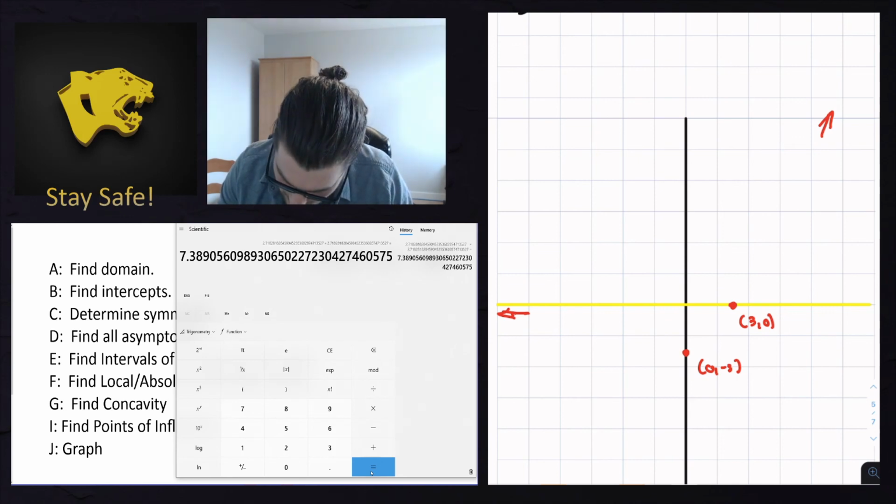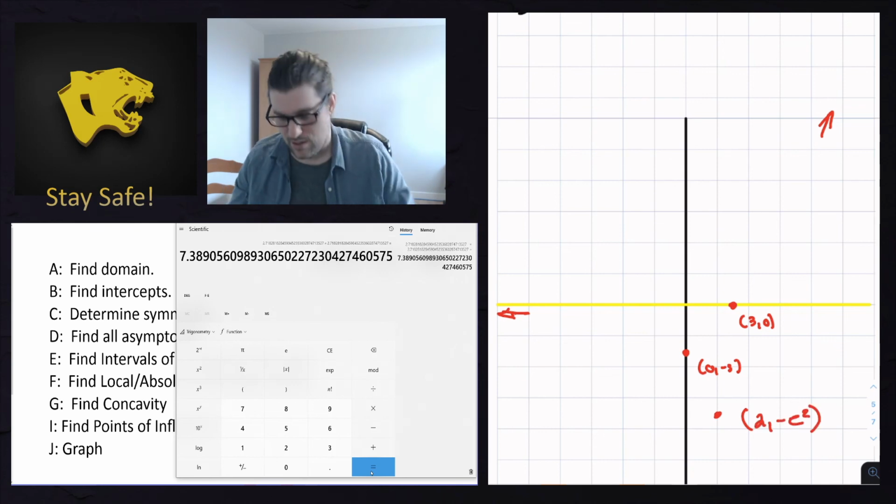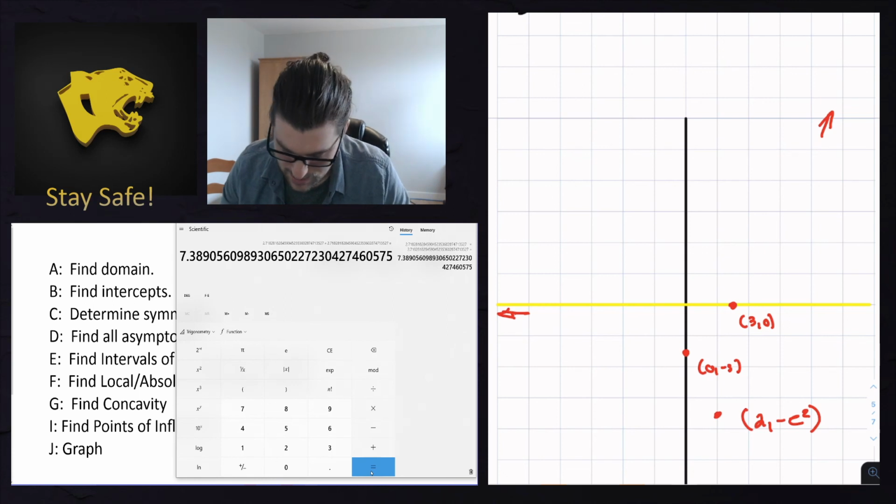That's fine. All right, so what I'm going to do is say that this would be 7.39, somewhere right around here. Now, I'm going to label this as 2, negative e squared, because I'd like the exact value there if I can, so that's good.